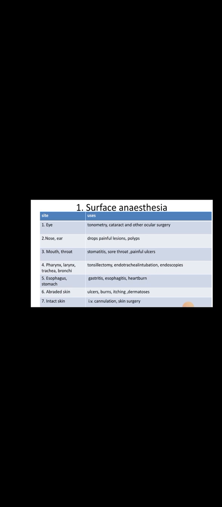In the mouth and throat we can use it for stomatitis, sore throat, and painful ulcers. For the pharynx, larynx, trachea, and bronchus, we use it for tonsillectomy, endotracheal intubation, and endoscopies, and in the esophagus and stomach for gastritis, esophagitis, and heartburn.